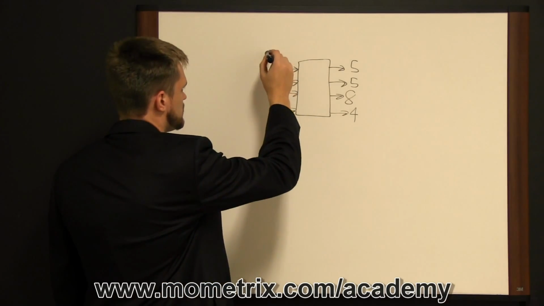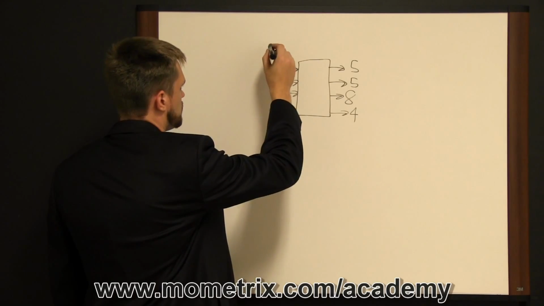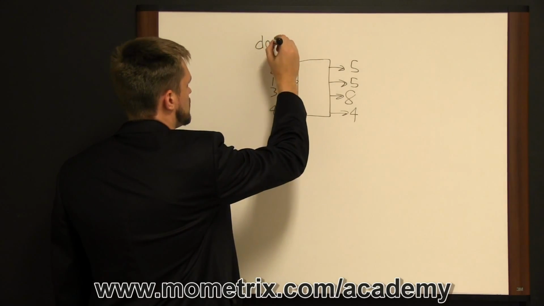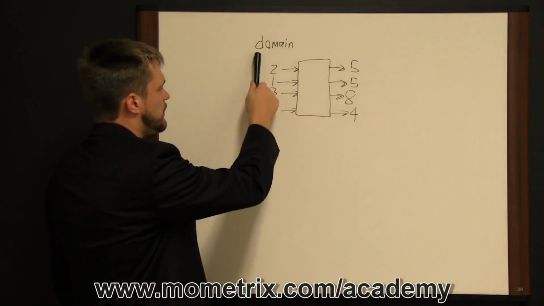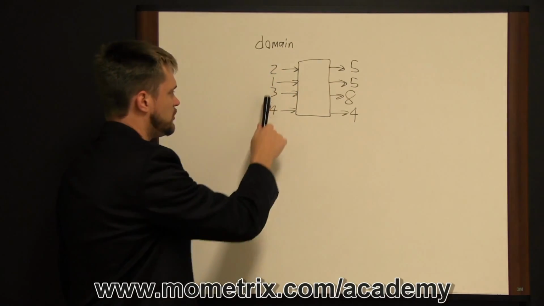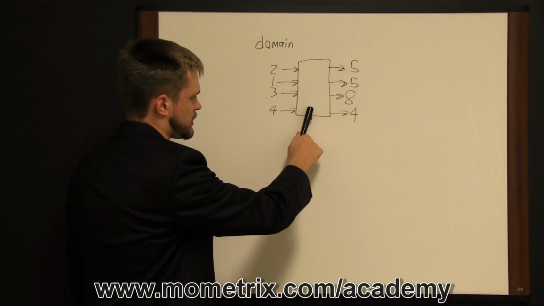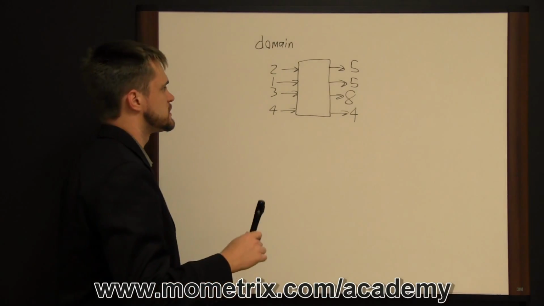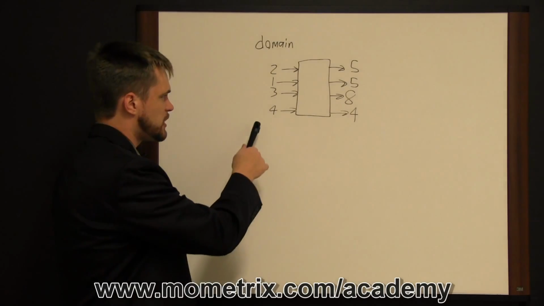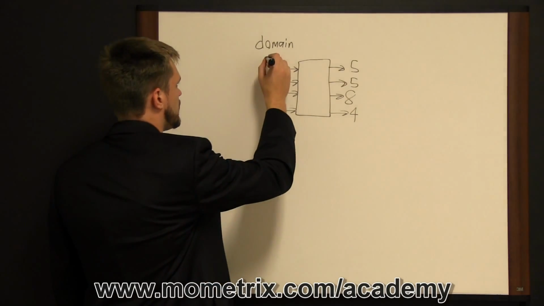Everything that goes into a function is called the domain. The domain is the set of all numbers that can go into a function and get a number out. There are some functions, for instance, where you might not be able to put in a -1.